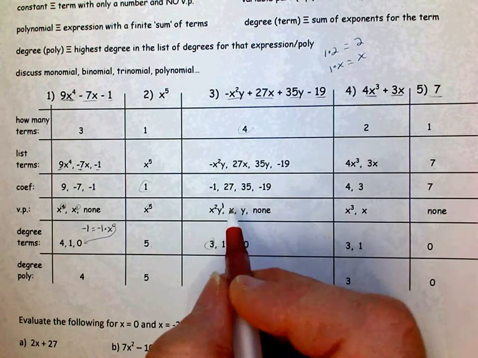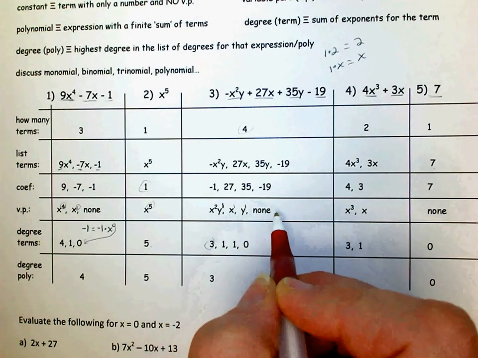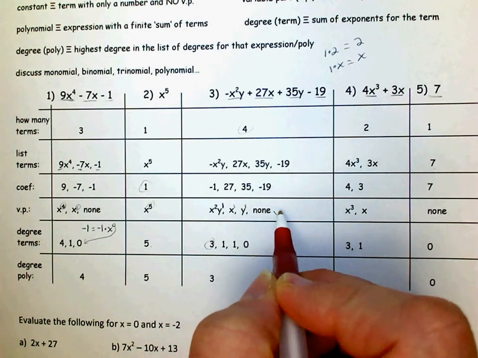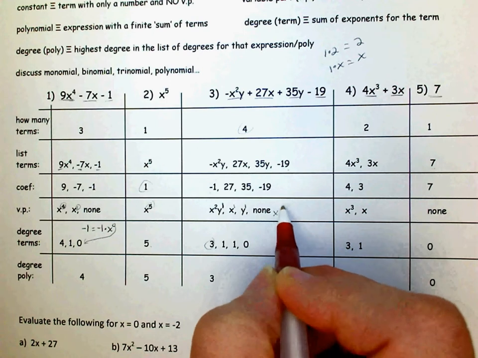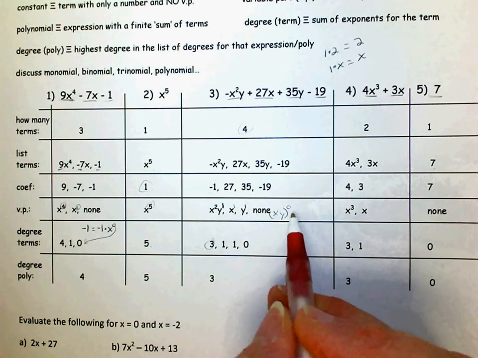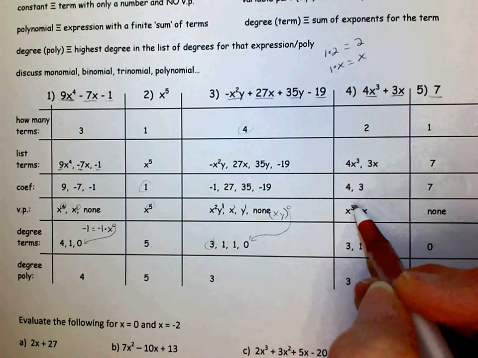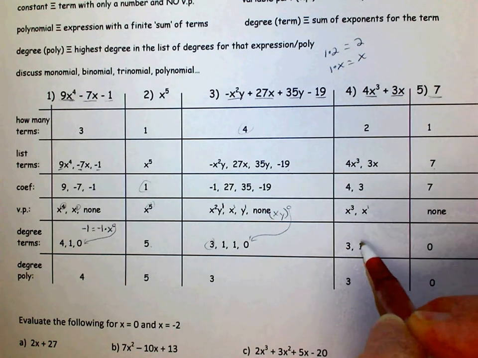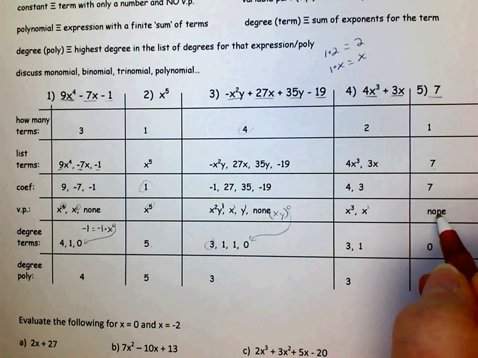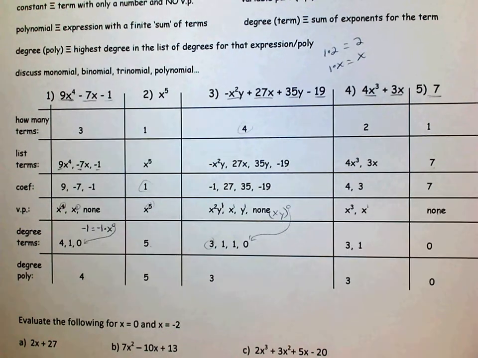And then a 1, and xy to the 0, so this one is 0. Then 3, 1, and again, no variable part, exponent is 0.